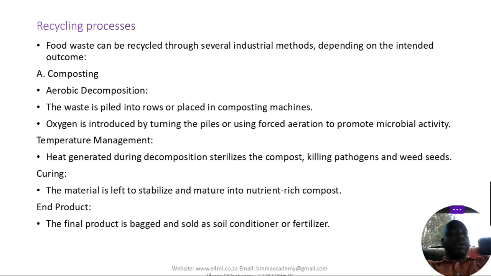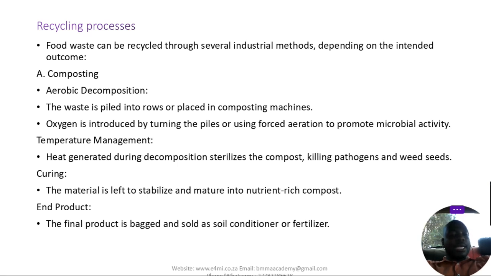In order to make compost using food, the waste is piled into rows and placed in composting machines, and then oxygen is introduced by turning the piles or using forced aeration to promote microbial activity. The heat generated during the decomposition sterilizes the compost, killing pathogens and weed seeds. After that, the material is left to stabilize and mature into nutrient-rich compost.